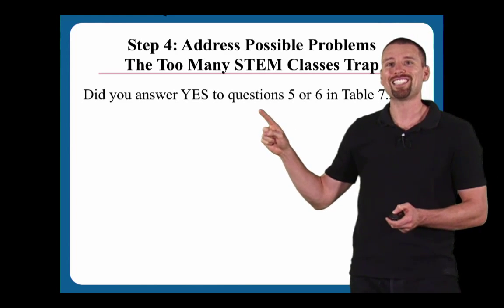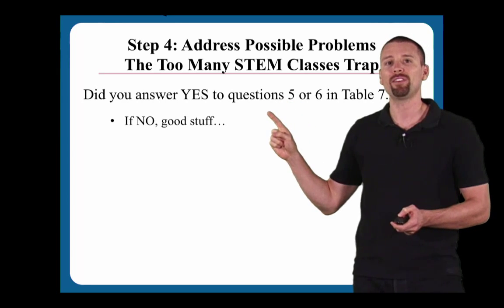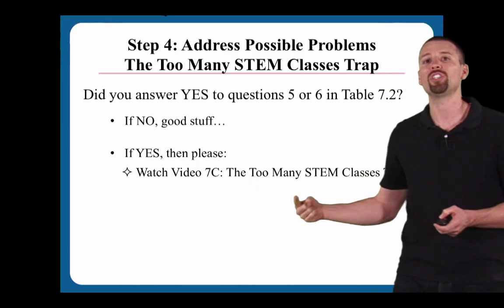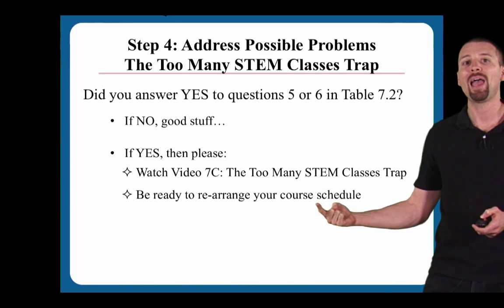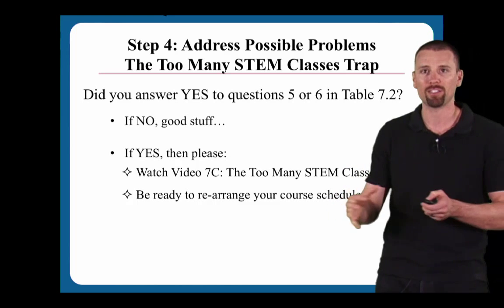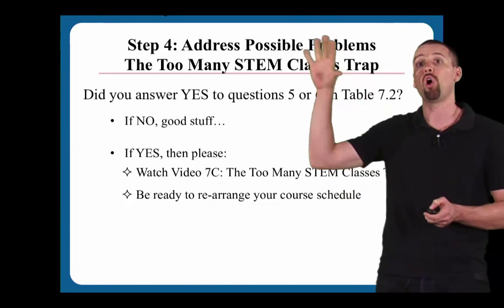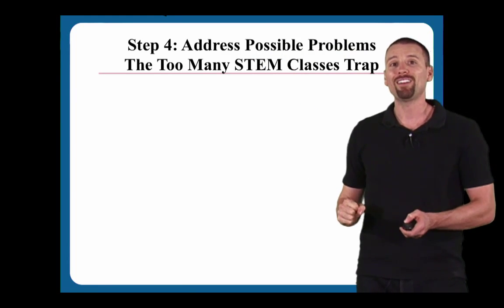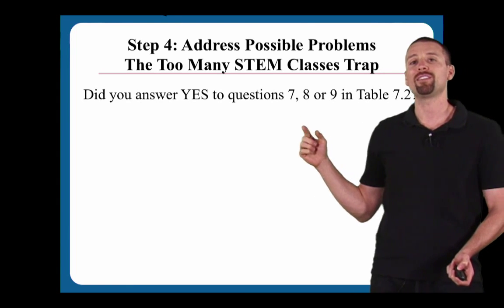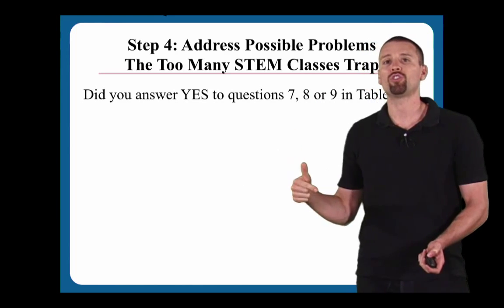If you answered yes to either question 6 or 7, we're going to have you watch video 7C, which is the too many STEM classes trap, and then be ready to rearrange your course schedule. Be ready to change some of the things that are going on for you this quarter, as well as your overall look.